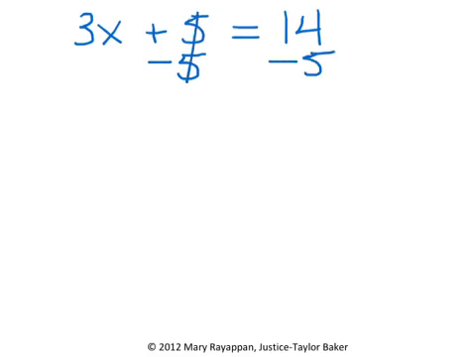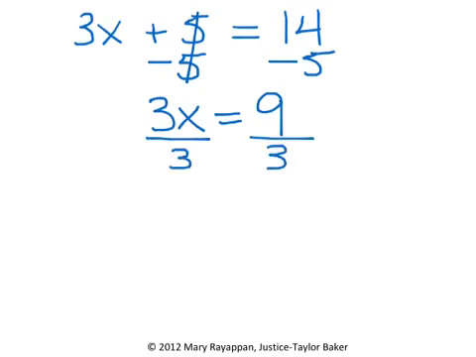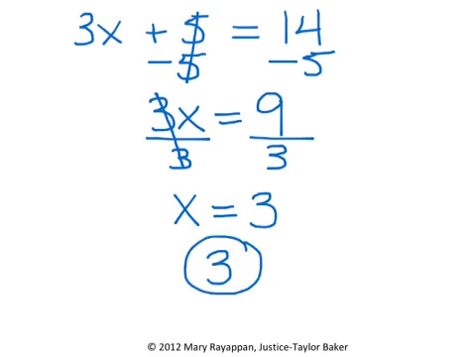The 5's here will cancel out, and on this side I will be left with just 3x equal to 14 minus 5, which is 9. In order to solve for x now, I need to divide both sides by the coefficient 3. Here, the 3's cancel out, and I am left with x equal to 9 divided by 3, which is 3. So the solution to the original equation that we had is that x is equal to 3.